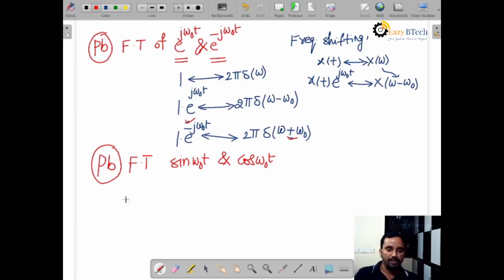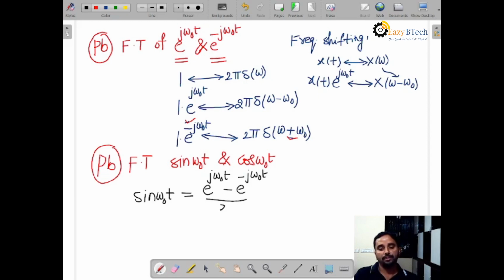Let's take sine omega naught t. We can write sine omega naught t as e to the power j omega naught t minus e to the power minus j omega naught t, by 2j. Right or not? As per Euler's formula, sine omega naught t is e power j omega naught t minus e power minus j omega naught t by 2j.